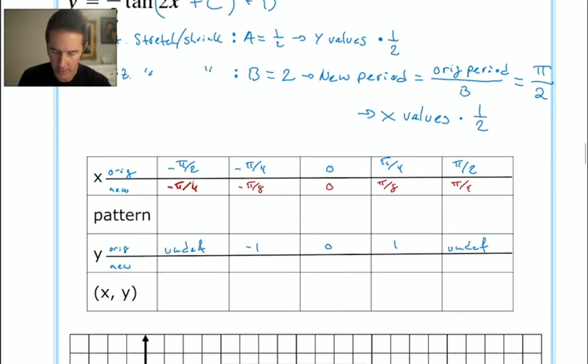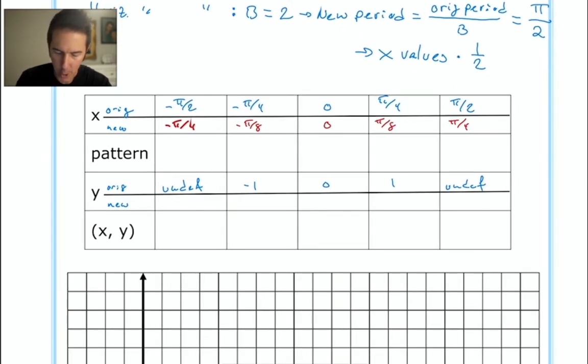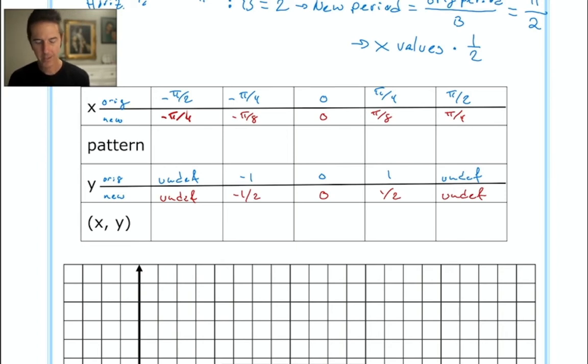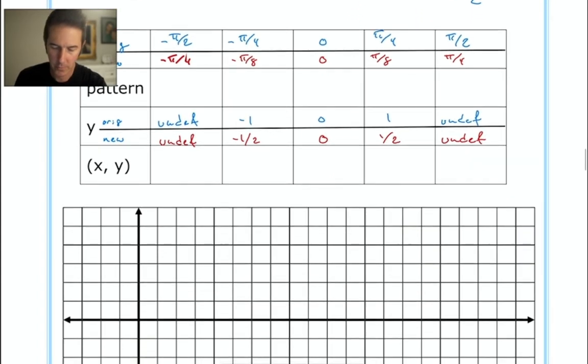So I'm switching colors back to red for my new y values. Infinity times 1/2 is still infinity, so we've still got an asymptote that we're working with. Still undefined, still an asymptote. This is going to be -1/2. Half of 0 is still 0. This is +1/2. And undefined times 1/2 is still undefined. Nice. So let's plot some points, or asymptotes.